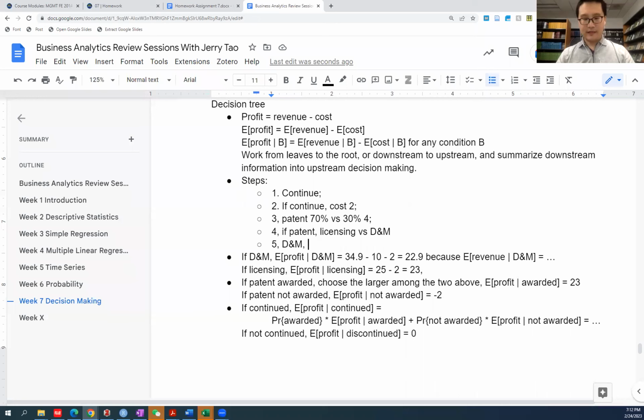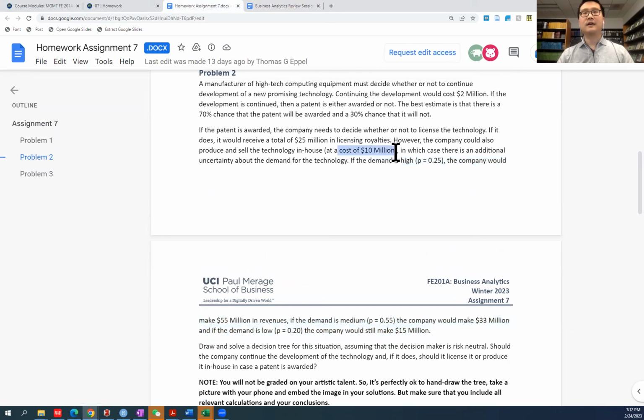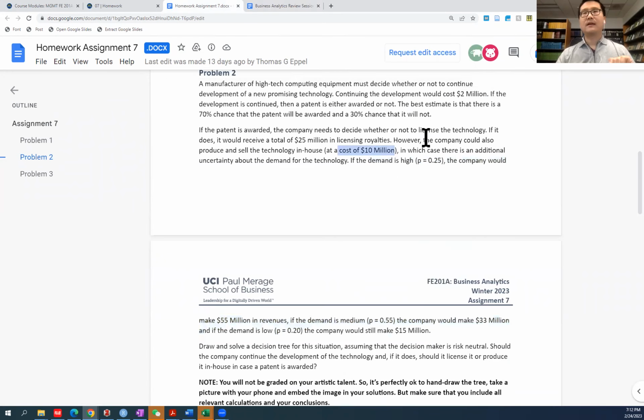So at DMM, we have 3 probabilities and 3 revenue, right? However, remember, we also have a cost associated with it. So when we calculate the profit, it's a weighted average. We would take the product of 0.25 and 55.